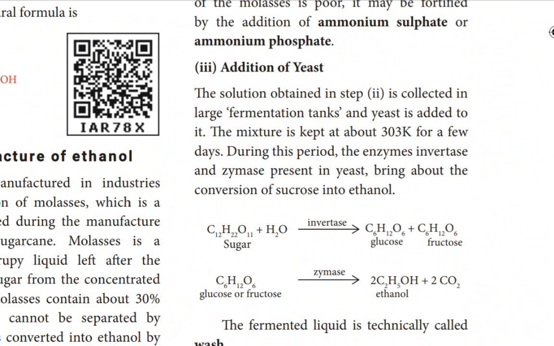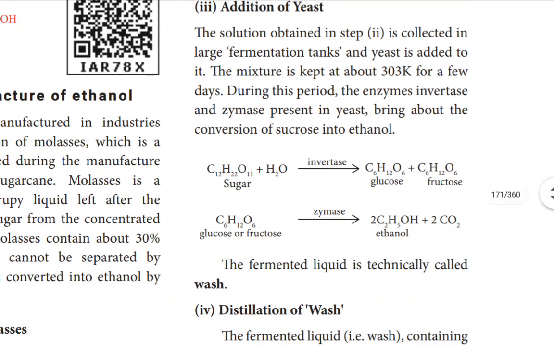Then in the second step of chemical reaction, this glucose or fructose is converted into ethanol in presence of the enzyme zymase. That is C6H12O6, glucose or fructose, which is turned to ethanol or ethyl alcohol. Ethanol is the IUPAC name, ethyl alcohol is the common name.